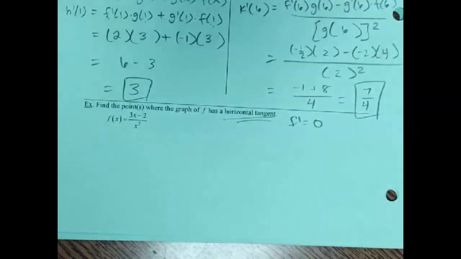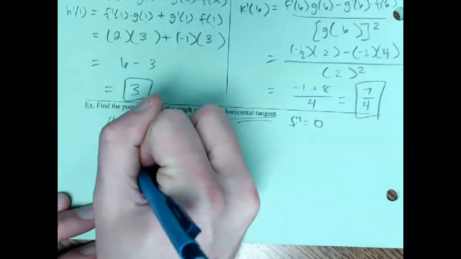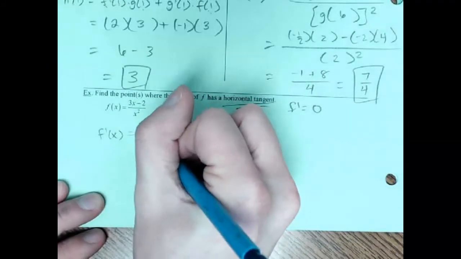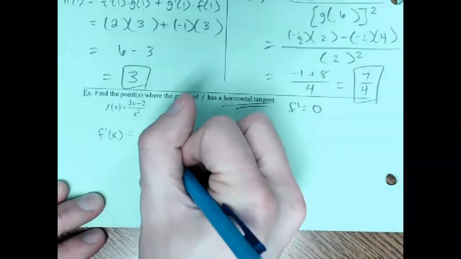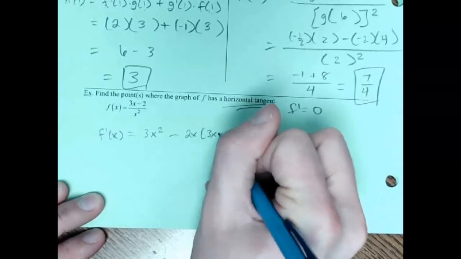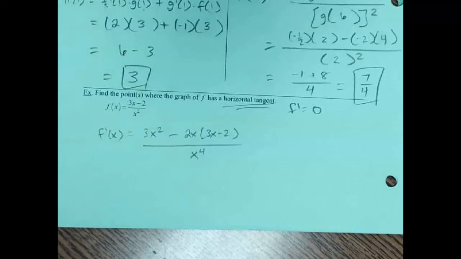Let us do it. Here we're going to need to do quotient rule, but that's okay. We now know how to do it. All right, derivative of the top is 3. Derivative of the top times the bottom minus the derivative of the bottom times the top. All of that's over the bottom squared. Okay, let's simplify.